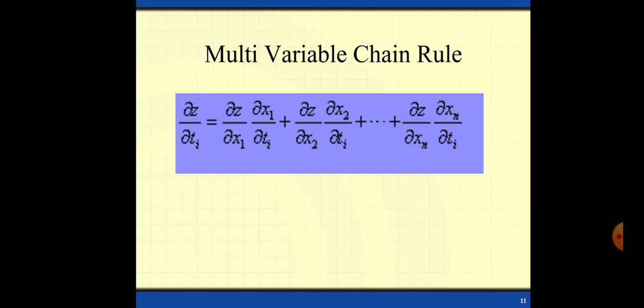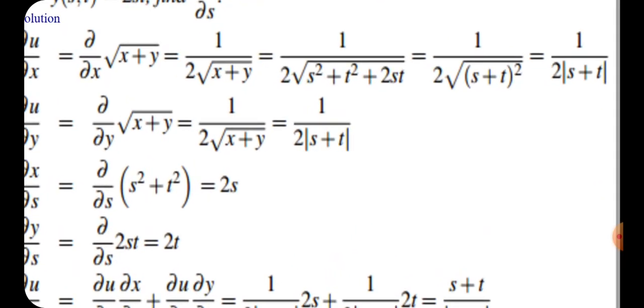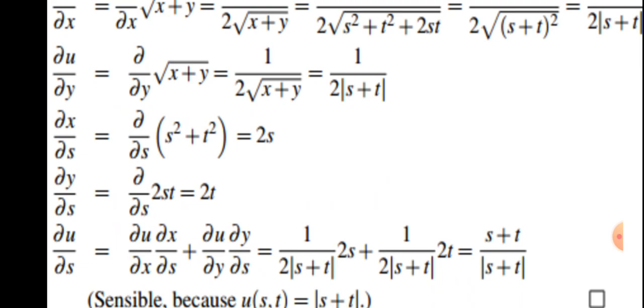And now with the multivariable chain rule, if you have u is a function of x and y, which is root x plus y, and x is a function in s and t, which is s squared plus t squared, y is a function in s and t, which is 2st. We have to find the partial u, partial x. Actually, partial u, partial s, you can write the rule here.